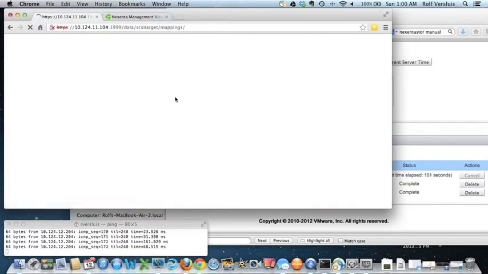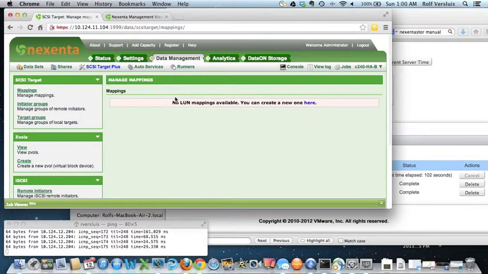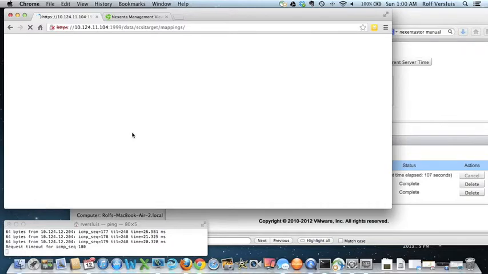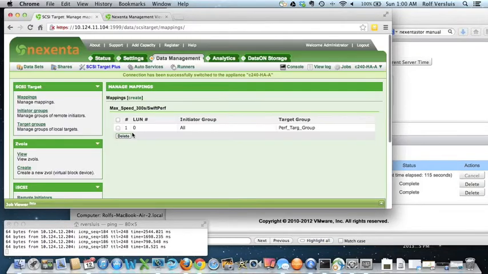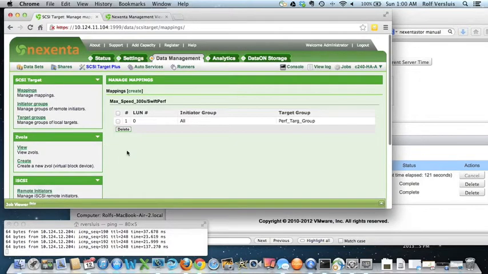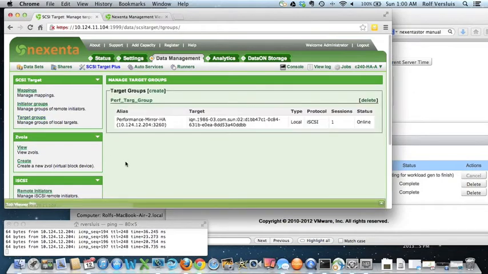I'm also demonstrating here the iSCSI setup of the actual NexentaStor box itself, and I have access to both controllers from this interface. I'm able to show that this is actually an iSCSI connected interface. We've got the LUNs mapped here, and we have multiple LUNs mapped, but they're tied to each of the iSCSI target interfaces here.